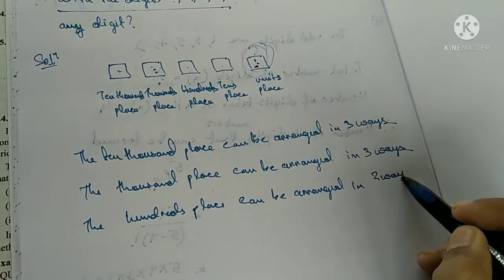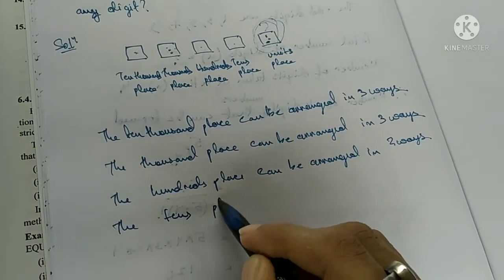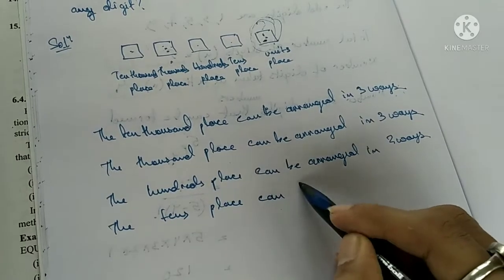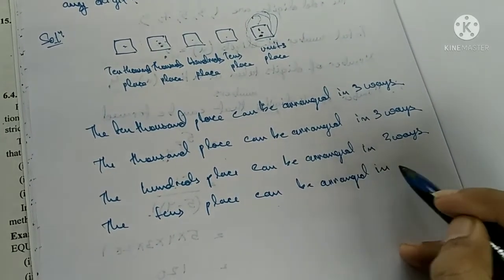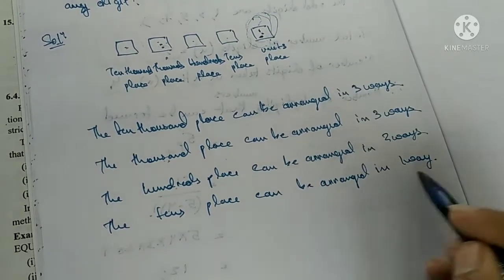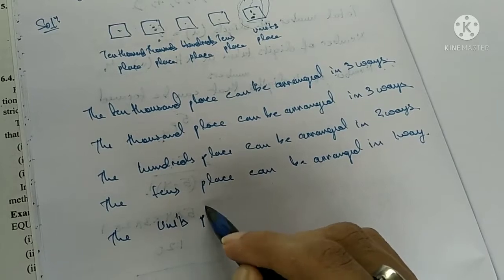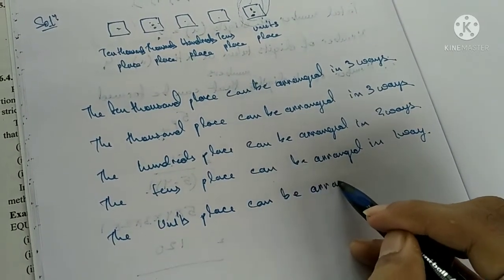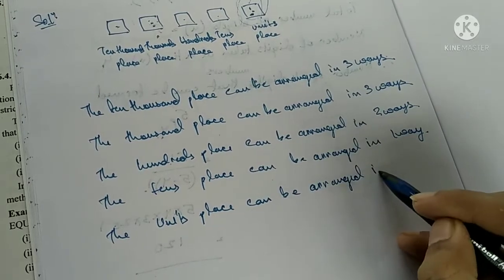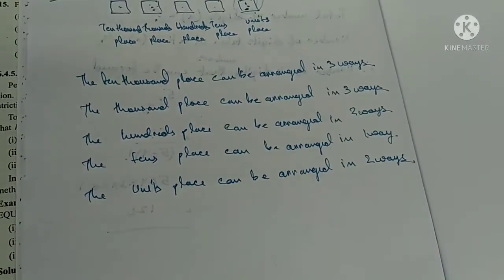Next comes the tens place, which can be arranged in 1 way. And the last, the units place can be arranged in 2 ways.